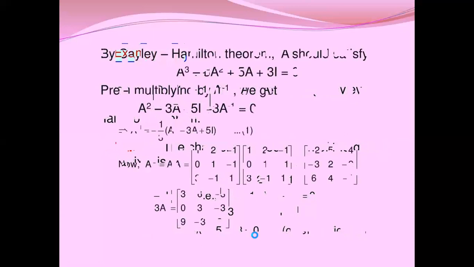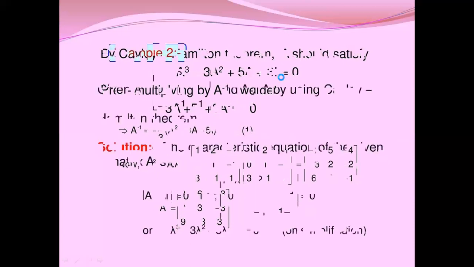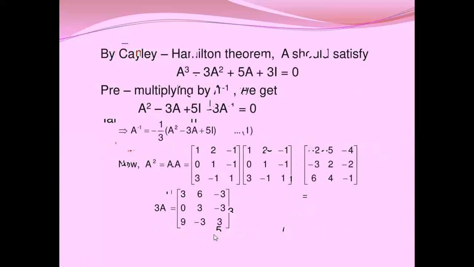Let's proceed. By the Cayley-Hamilton theorem, A should satisfy this equation, so we substitute A in the place of lambda. Then we get A cube minus 3A square plus 5A plus 3I equal to 0.